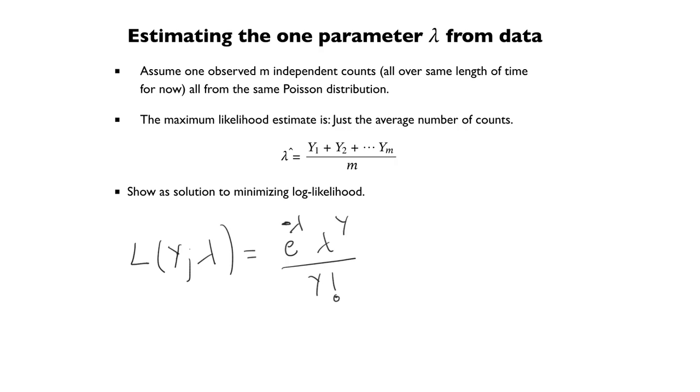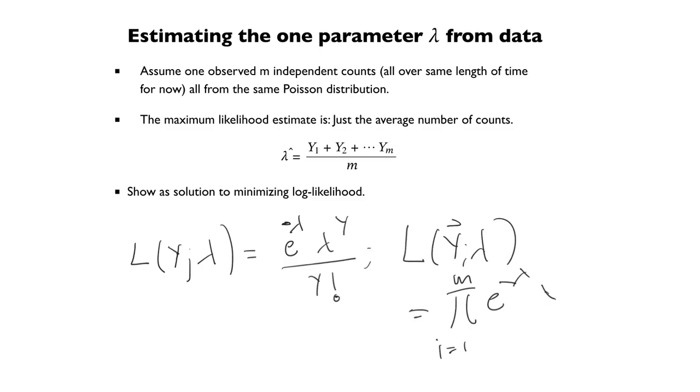So that's for one observation. The whole likelihood for all observations, I'll put L of Y, if they're independent, again, will be the product for i equals 1 to m of e to the minus lambda, lambda to the y_i, over y_i factorial.